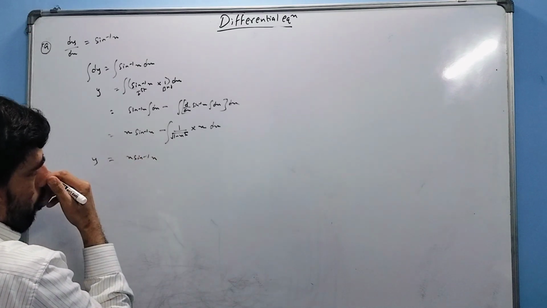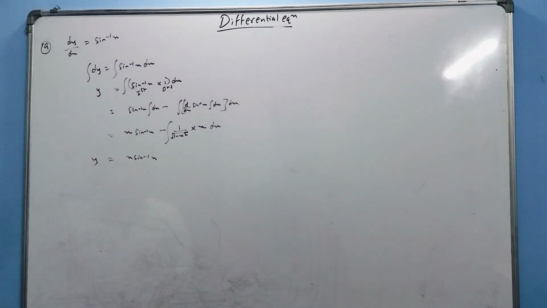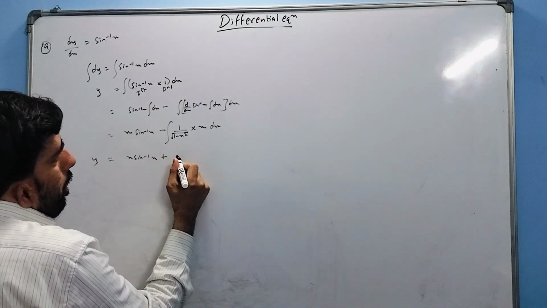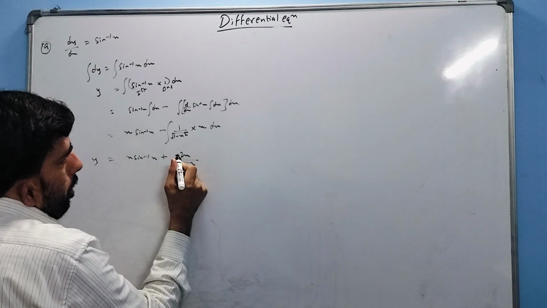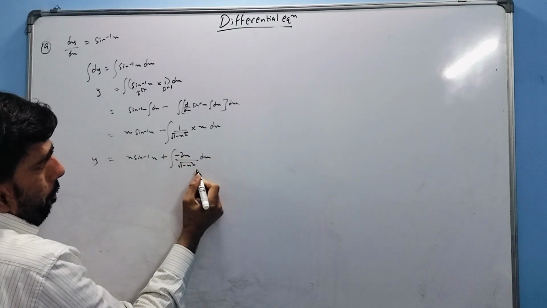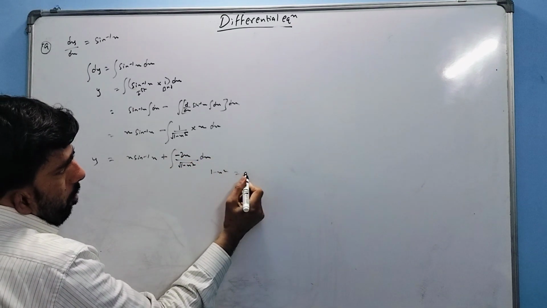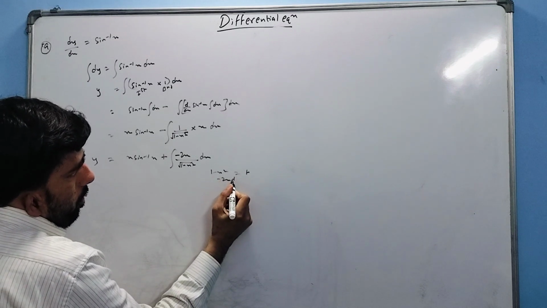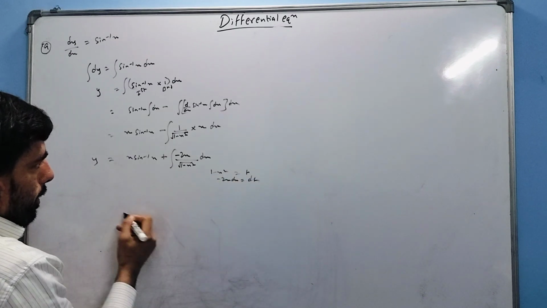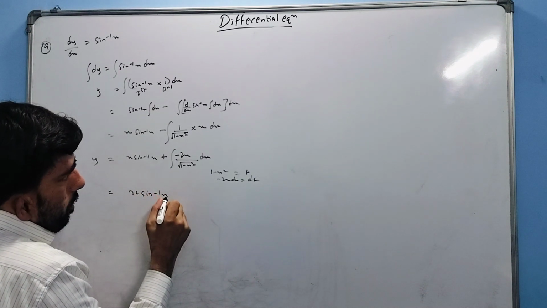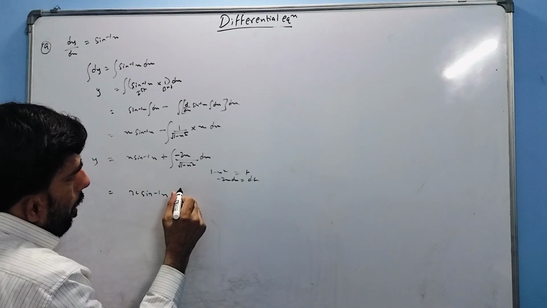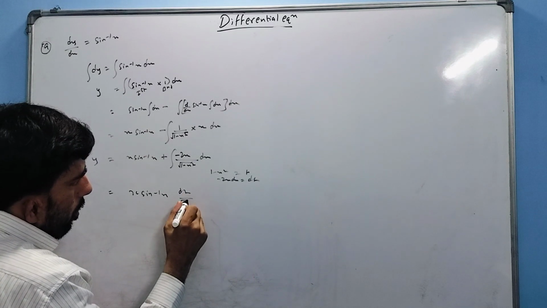So now what we can do here, let this plus here multiply 2x upon root of 1 minus x square dx. Now if I put 1 minus x square equal to t, then minus 2x dx is equal to dt. So I have x sine inverse x, and dt upon root t.